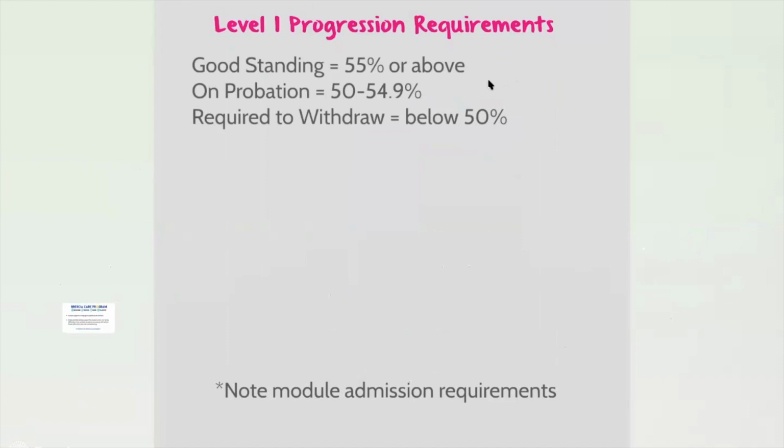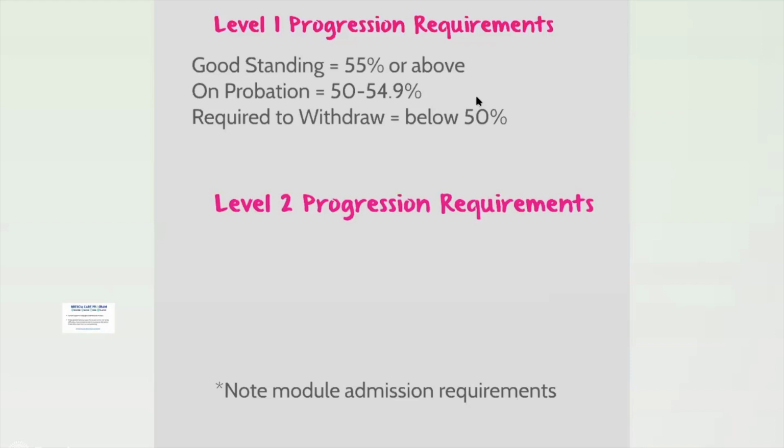Anyone who does receive a 50 to 54.9% cumulative average would be considered to be on probation, so we would be limiting your course load as well as having regular check-ins with academic advising. And then anyone who did receive below a 50% would be required to withdraw from the university.